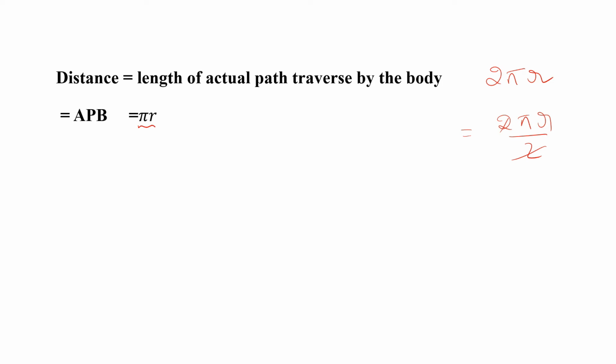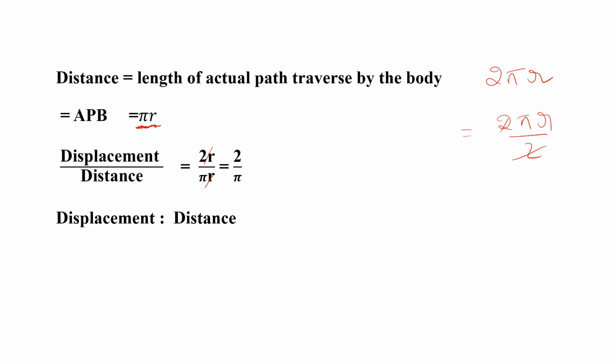This is pi r. So pi r is the distance for half revolution. So now displacement by distance is equal to 2r by pi r. R gets cancelled. 2 by pi. So the ratio of displacement and distance is 2 is to pi. Third option is correct.